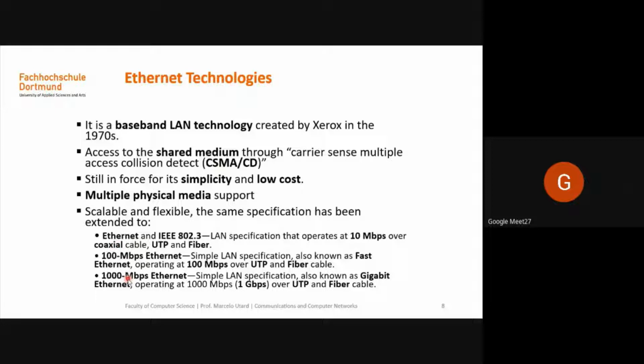And for 1000 megabit per second Ethernet, that is a single LAN specification, also known as gigabit Ethernet, operating at 1 gigabit per second over UTP and fiber cables.